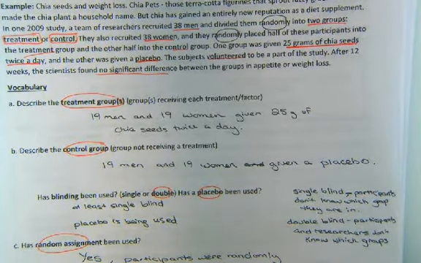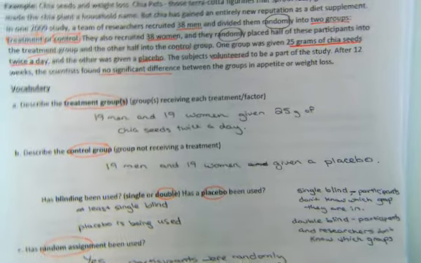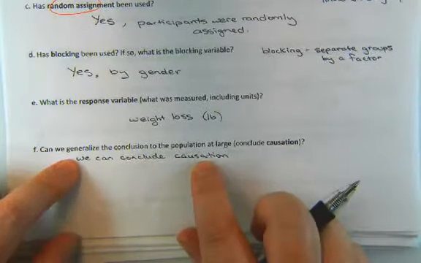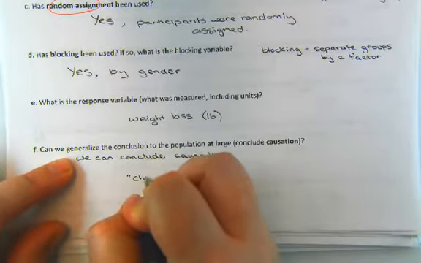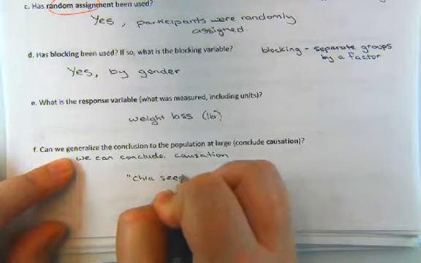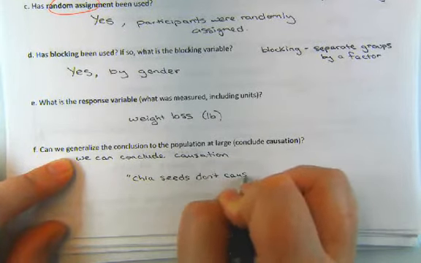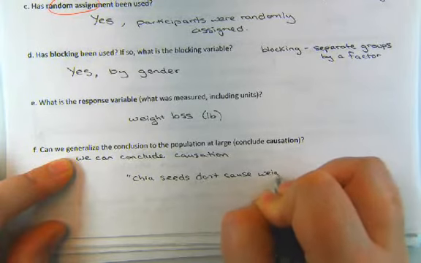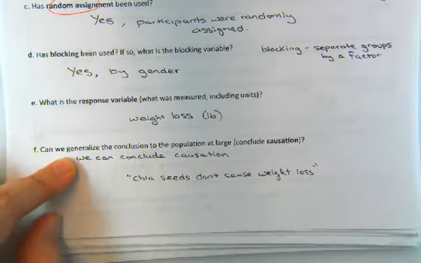However, when we run experiments, they can only ever be volunteers. You can't force people to do things. So we want to be aware of it, but it's not going to destroy our study. So you can conclude causation, meaning we could say chia seeds don't cause weight loss. That's what the researchers can conclude from this.